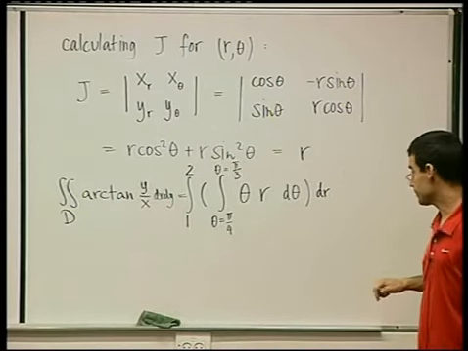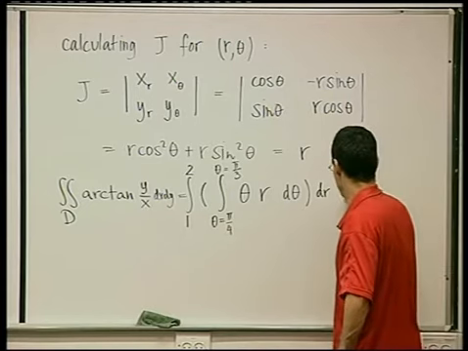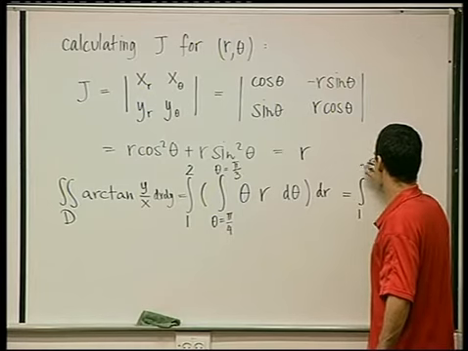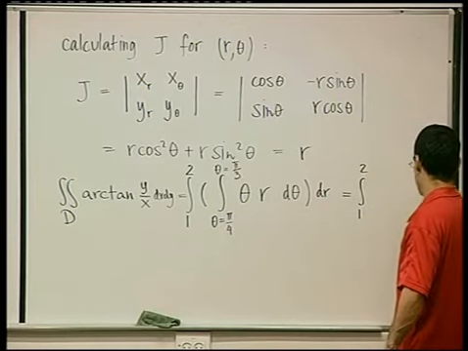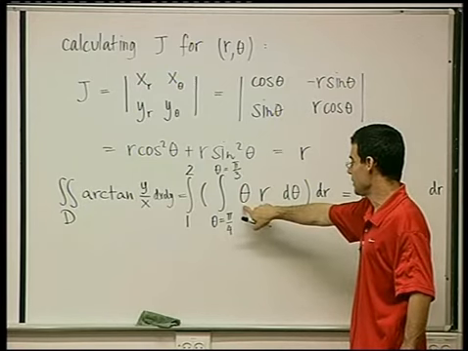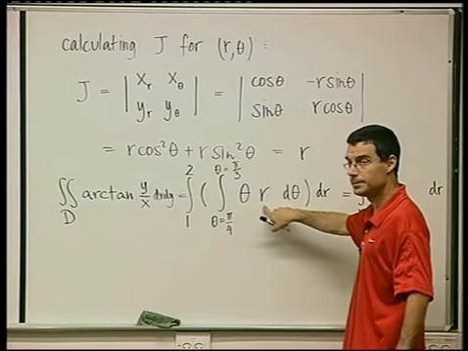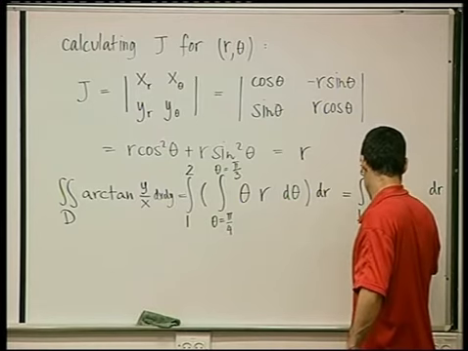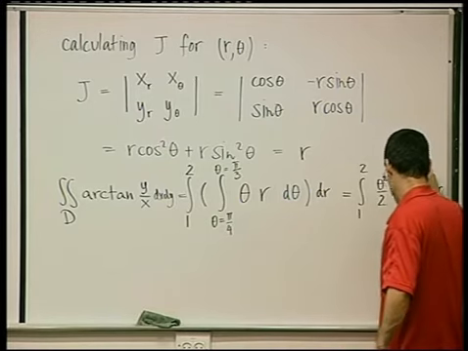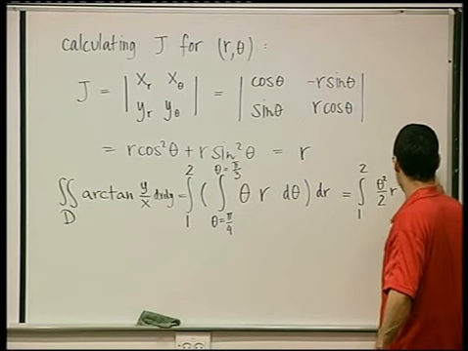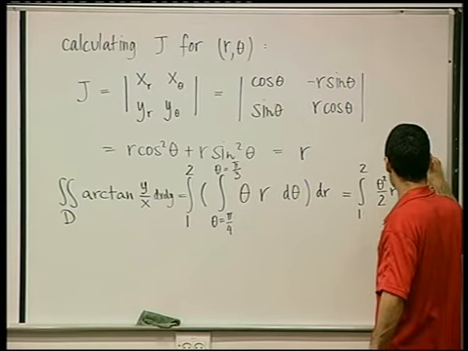Okay? So what do we get? This is a very easy integral to calculate. So let's leave the integral from 1 to 2 dr untouched. We start from the inside. So what's the antiderivative of theta times r? Right. Theta squared over 2 times r, evaluated between theta equals pi over 4 and theta equals pi over 3.